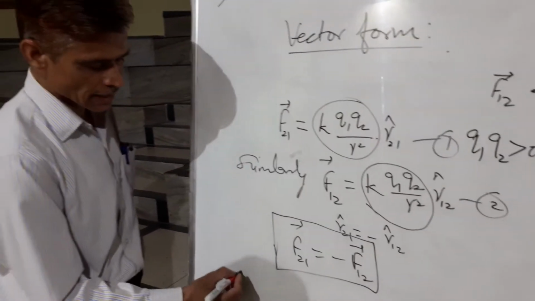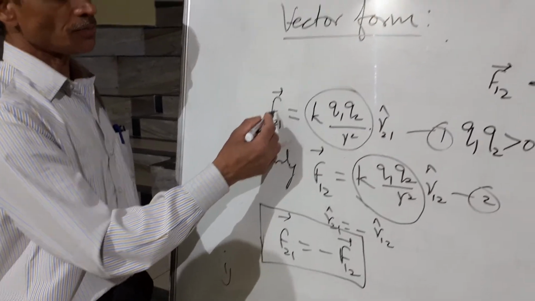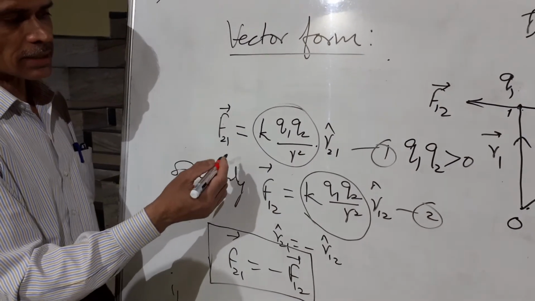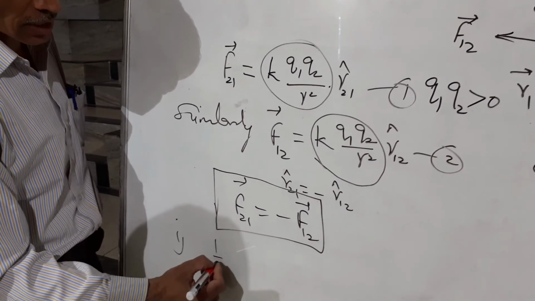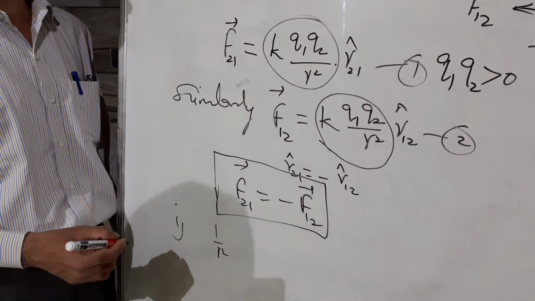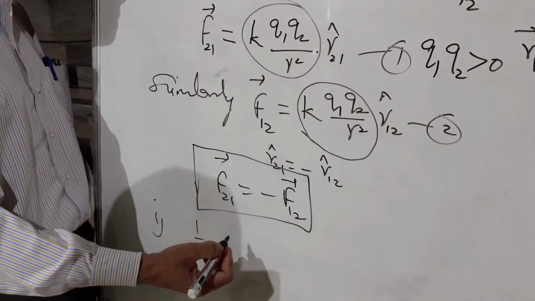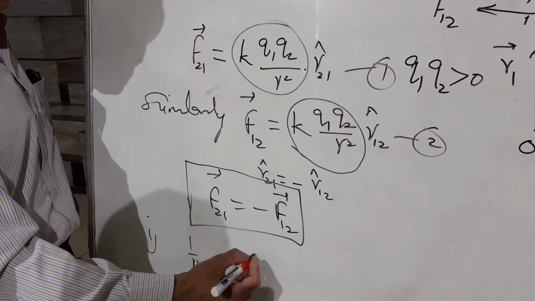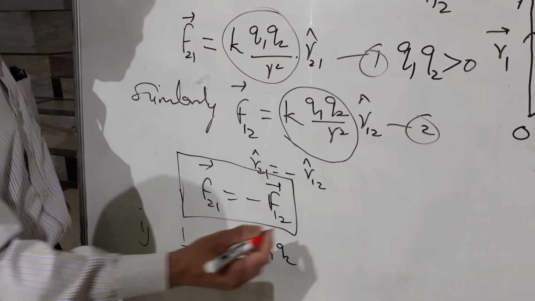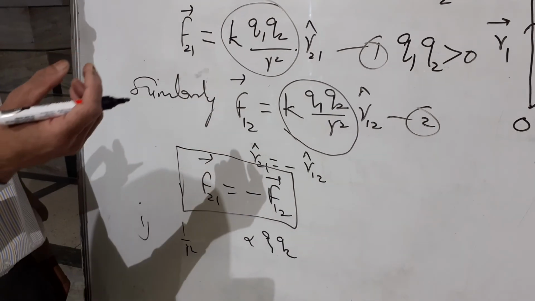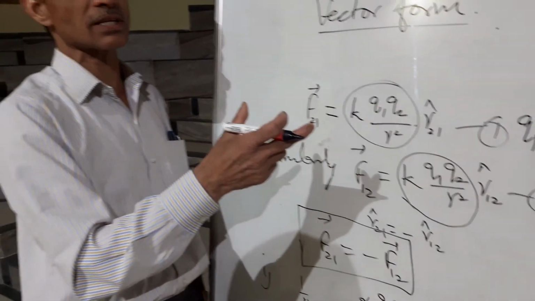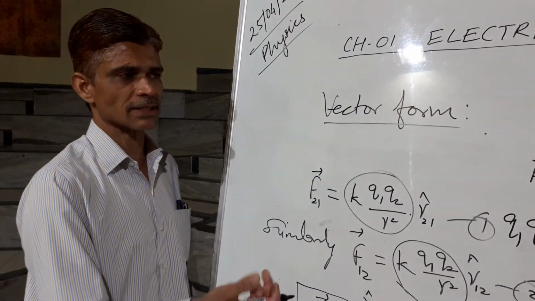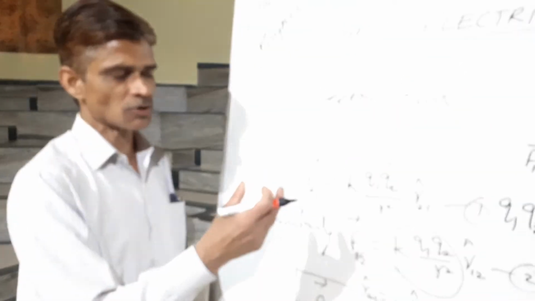We conclude that the Coulomb force between the two charges is inversely proportional to the square of distance between them. That is, the force decreases if the separation between the charges is increased, and it is directly proportional to Q1 Q2. It means that if we increase the amount of charge keeping the distance the same, then the force increases, or decreases if we decrease the amount of charge.